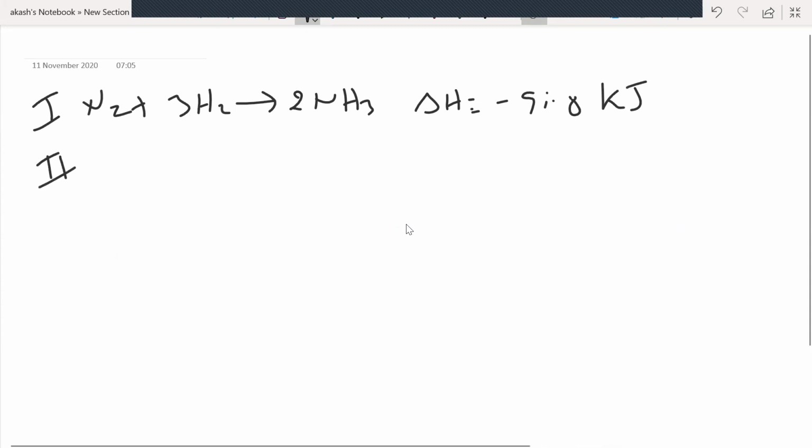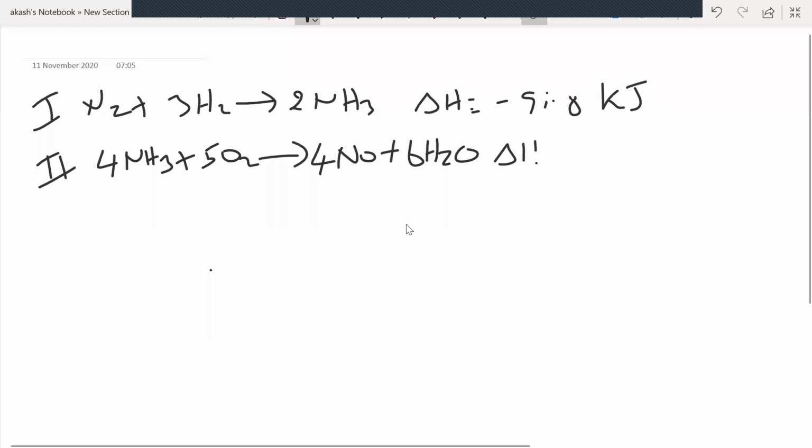Second reaction: 4NH3 plus 5O2 gives 4NO plus 6H2O, and delta H for this is minus 906.2 kilojoules.